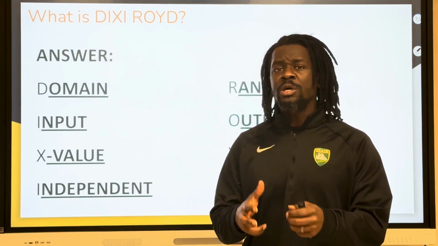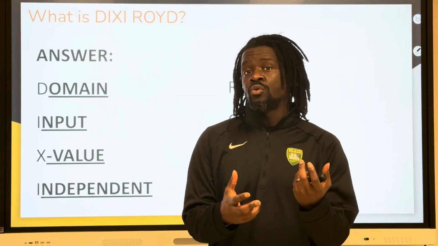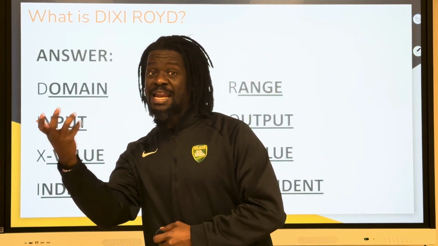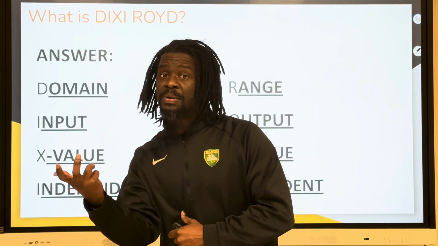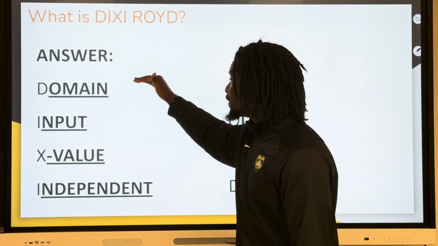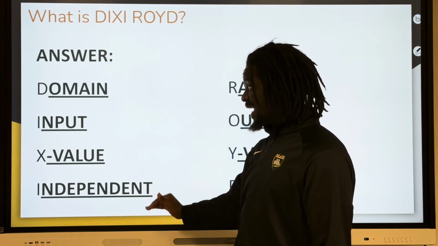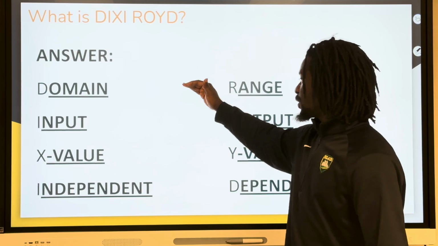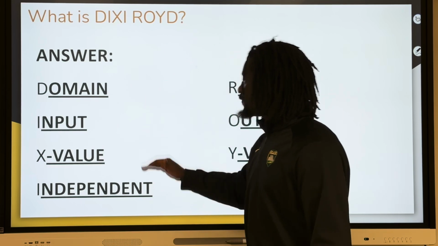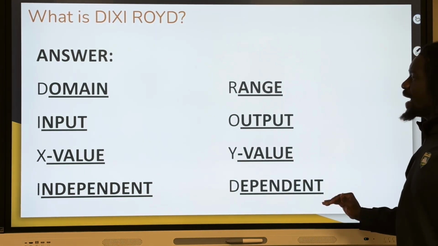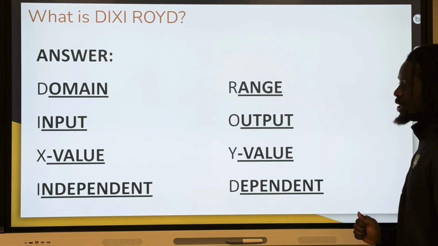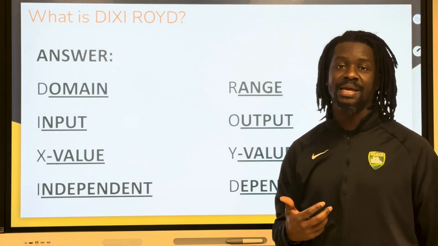When you have functions, you have this relationship between two values. You have an input and an output, an x value and a y value, an independent variable and a dependent variable. Dixie-Roy shows you all of the names for the x value or the x coordinate, so it shows you all of the names that you can use for them. And then the same for the y's: y's are also referred to as range, sometimes as output, sometimes as the y value, sometimes as dependent.